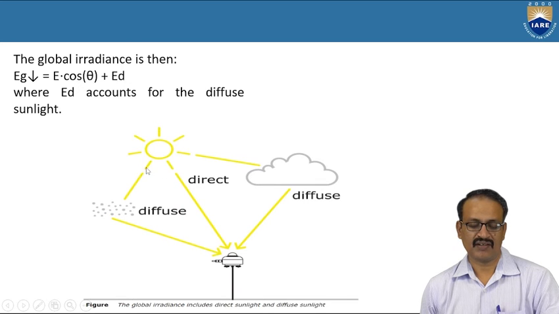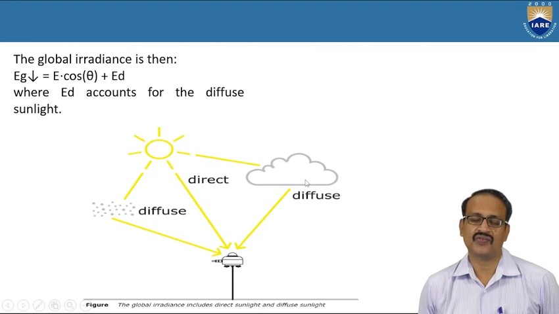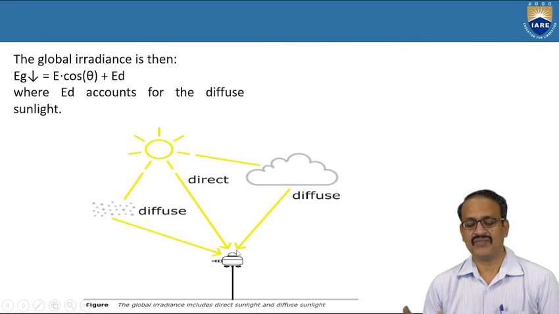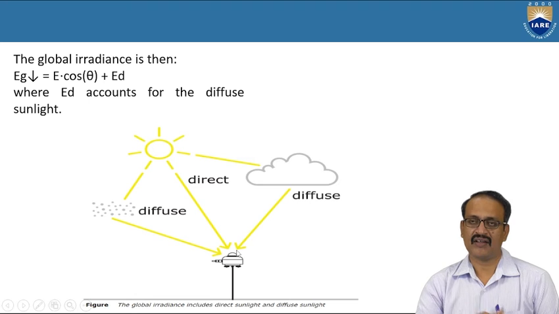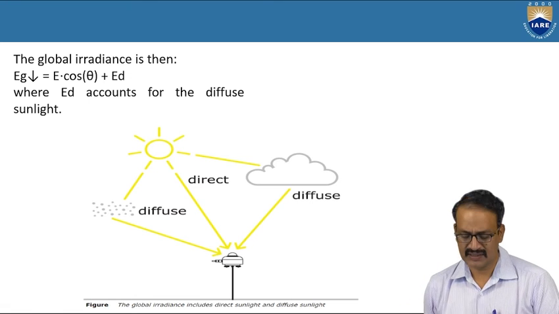So here it has come like this. Because of water vapor, it has diffused, and after diffusion it came again here. Here also the sun rays have traveled like this and changed direction because of the clouds. So it will measure both the direct and the diffuse radiation from different regions.